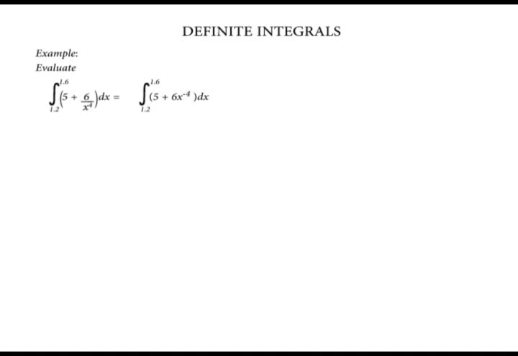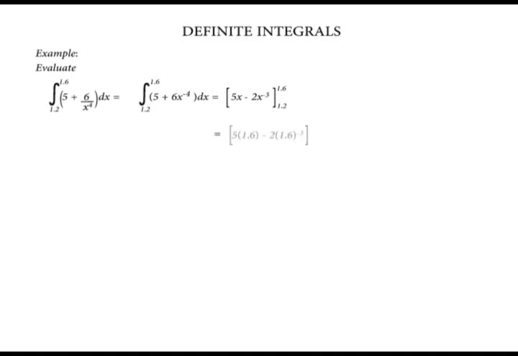x equals 1.2 to x equals 1.6. That will give us, integrating that, 5x minus 2x raised to power negative 3 in the square brackets, and then we put 1.6 and 1.2. To get the integral value for the upper limit, we substitute x for 1.6.